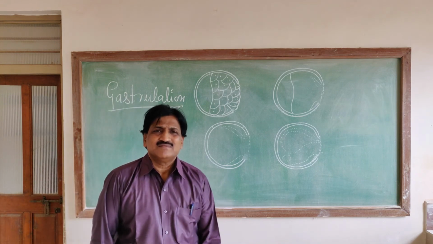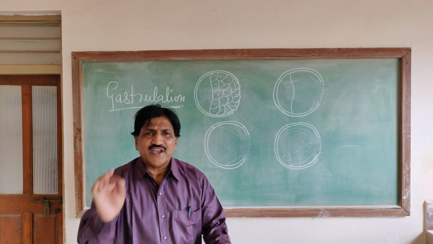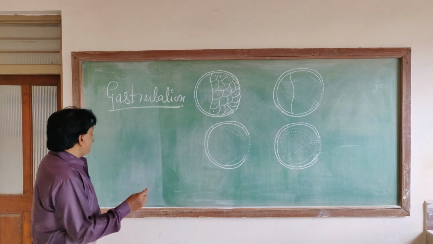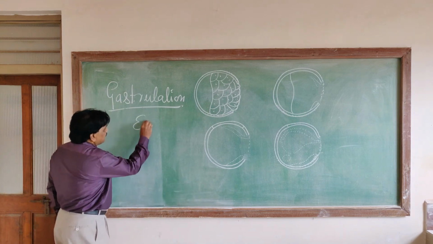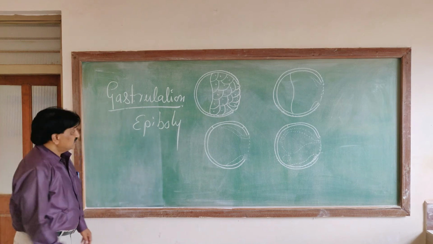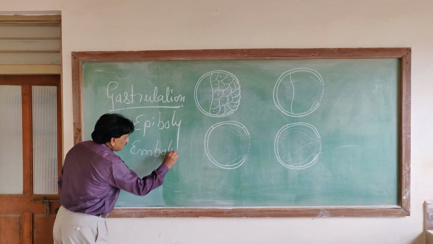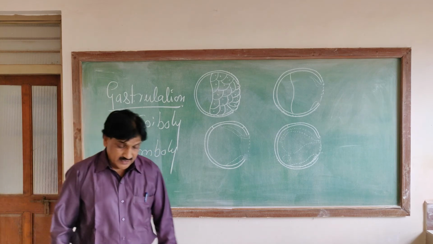Generally, morphogenetic movement has two types: epibolic and embolic.